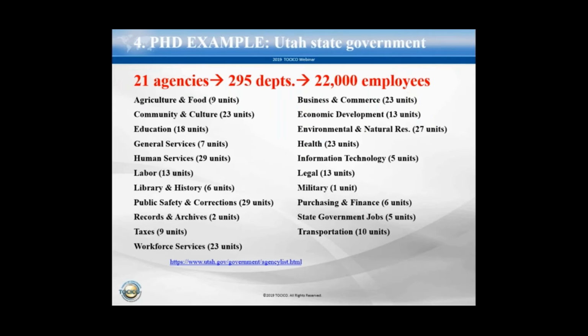I have in parenthesis the number of departments in that category of agency. So you have 295 different departments there. And I stripped that out of pages on their website. So that looks like a mess trying to manage all of that, does it not?